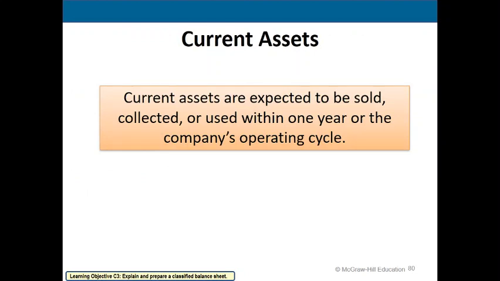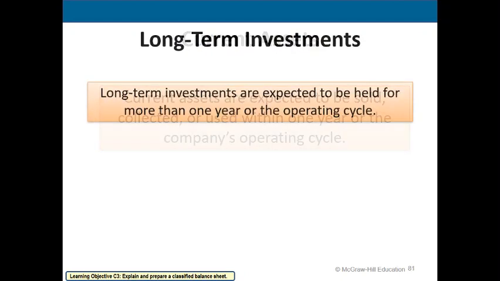So current assets are expected to be sold, collected, or used within 1 year, depending on the type of current asset it is, or the company's operating cycle if it's longer. Long-term investments are expected to be held for more than 1 year or the operating cycle.